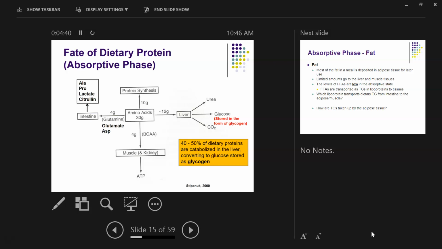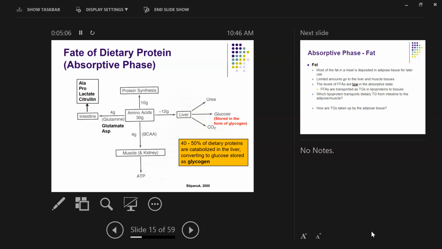So they are converted to glucose, right, through the gluconeogenic pathway, but stored in the form of glycogen, right? Does that make sense? In the liver, some of the amino acids can be oxidized to produce ATP, right, through the alpha keto acid.